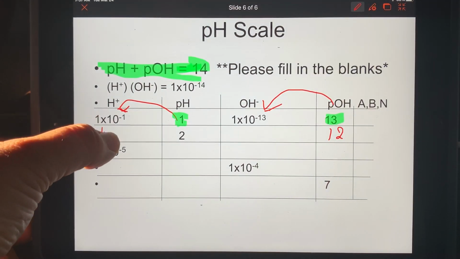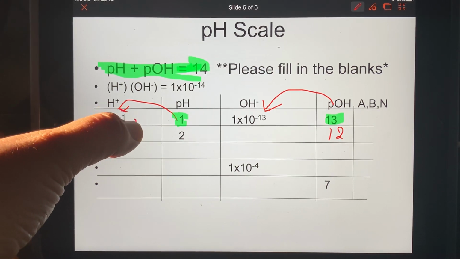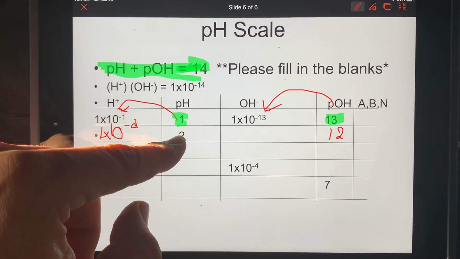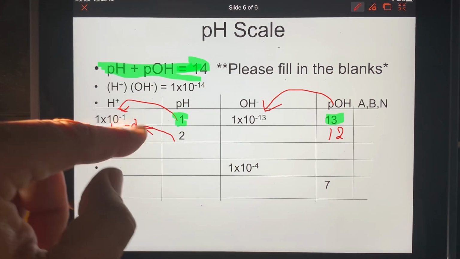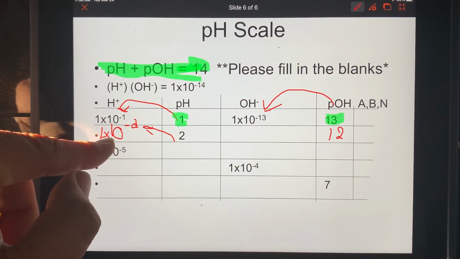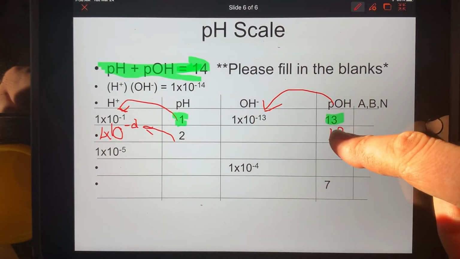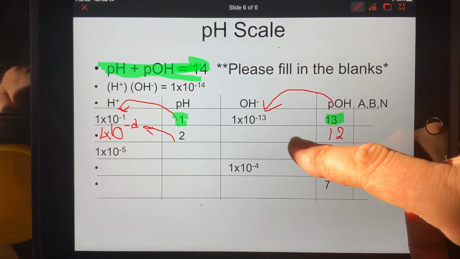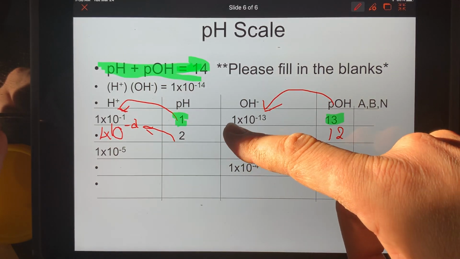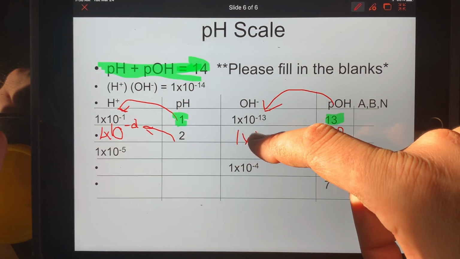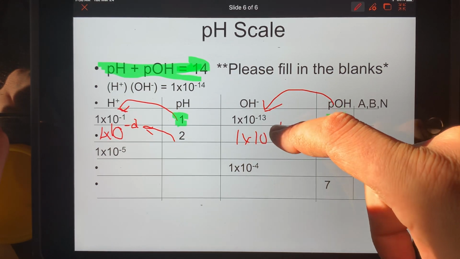1 times 10 to the negative 2, because the 2 goes with the 2. Well, if this is negative 2, what does this have to equal now? If my pOH is 12, what is my OH going to be? 1 times 10 to the negative 12.